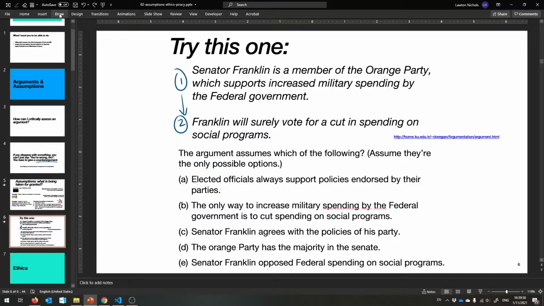So the first one is option A. Elected officials always support policies endorsed by their parties. That's unfortunately quite general. This doesn't explain exactly what's going on here, because we don't know that military spending has anything to do with social programs right now.